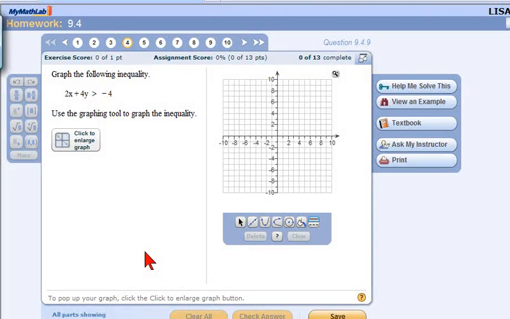Okay, using the MathLab tools, I'm going to use the line tool. And notice down at the bottom that you have a choice of dotted or solid. Let me enlarge this just a second.